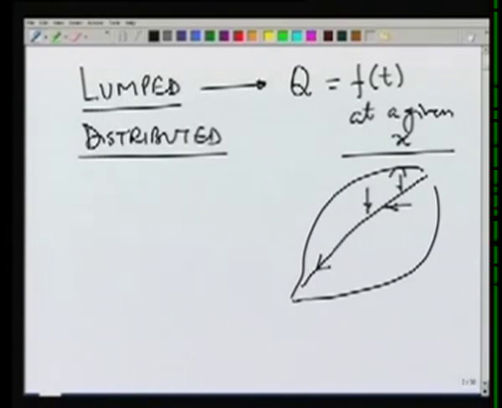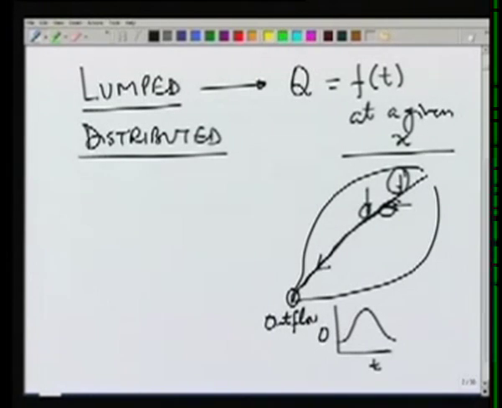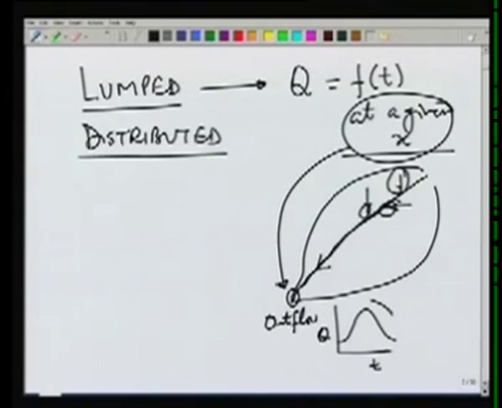Suppose we know the hydrographs of the tributaries, and all these hydrographs are routed to the outflow point. So at this point, if we find out outflow versus time, then we are considering only one point at particular x. So given x would be this point, and what we want is Q versus time. So this would be a lumped routing.